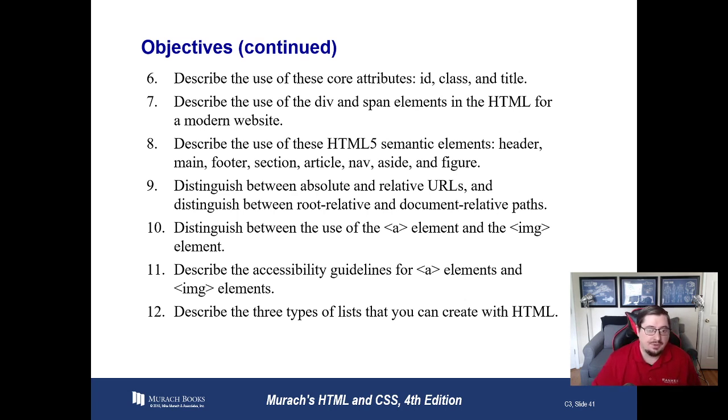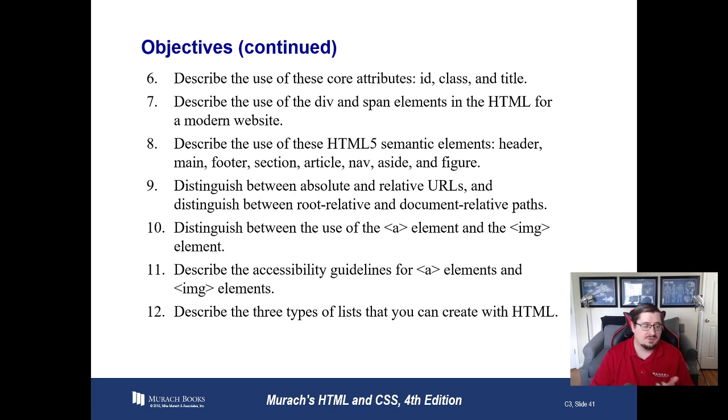We talked about how to use some of the HTML5 semantic elements, including header, main, footer. If you look through your chapter, I think it will talk about section, article, nav, and aside a little bit more. I don't think those are really on the slides. And then we talked a little bit about how to use the figure and figure caption.